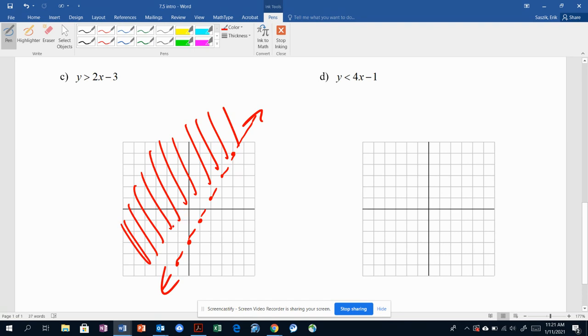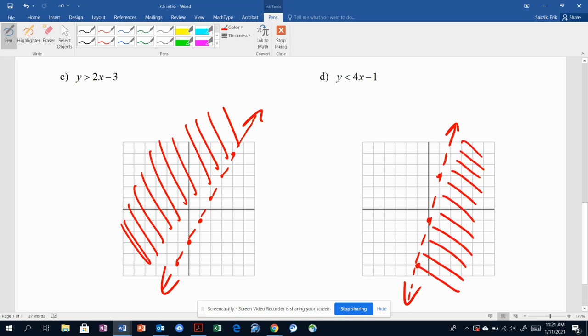But the line itself is not part of the answer. Any point here works. -1, up 1, 2, 3, 4 over 1. Let's go backwards. Down 1, 2, 3, 4, left 1. This is also a dashed line. And this is y is less than. Less than means you've got to get smaller.